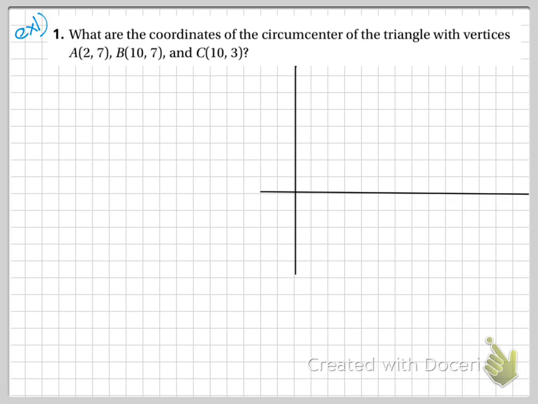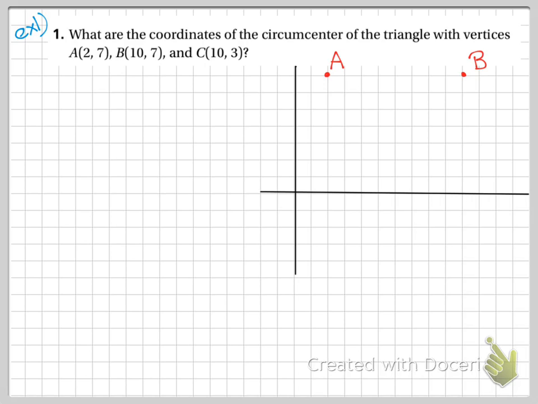So here we have triangle ABC, so I'm going to go ahead and graph that. A is at (2, 7), that's about right here. B is at (10, 7), so that's right here.